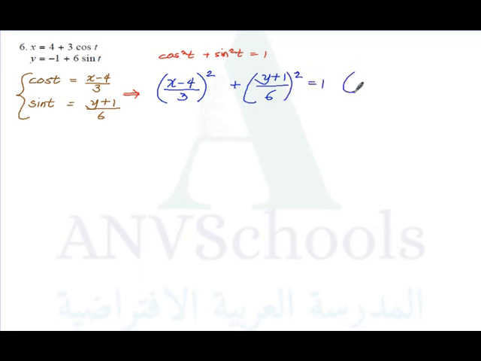Now this is a clear example of an ellipse because they don't have the same factor. The factor here is 1/9 if we put the square here, and this is 1/36. So because this is an ellipse, let's have the properties of the ellipse.